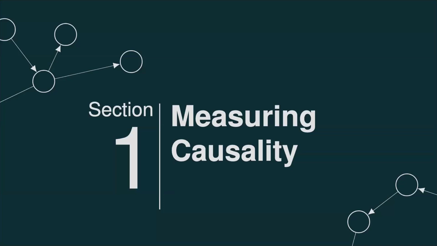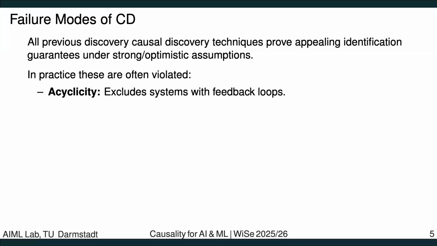We have seen several algorithms, but if you're developing new algorithms or want to test some assumptions on a test set, you might be interested in ways to actually measure if your causal discovery algorithms discover the right thing, meaning if they are able to discover the right causal graph, because we make a lot of assumptions.